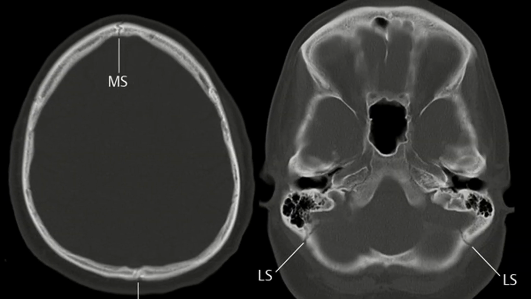Okay, so first let me draw your attention to the image to the right. So here we have the lambdoid suture on either side. You can see, as I described earlier, that the cortex invades into the suture. Now to better understand this, let me direct your attention to the image to the left. This happens to be a metopic suture.